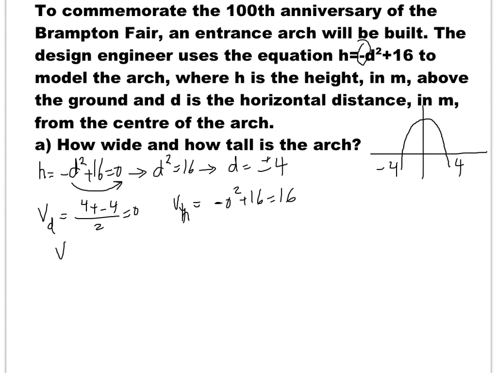So we can say that the vertex is (0, 16). So how wide is the arc? This much, which is 4 minus negative 4, which is 8 meters wide. And how tall is it? It is equal to the h coordinate of the vertex, which is 16 meters.